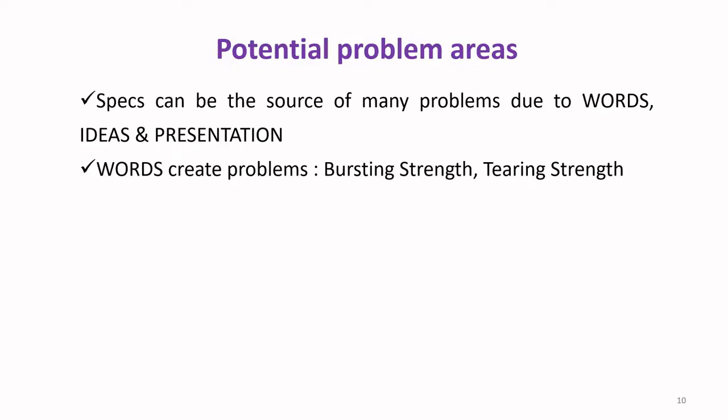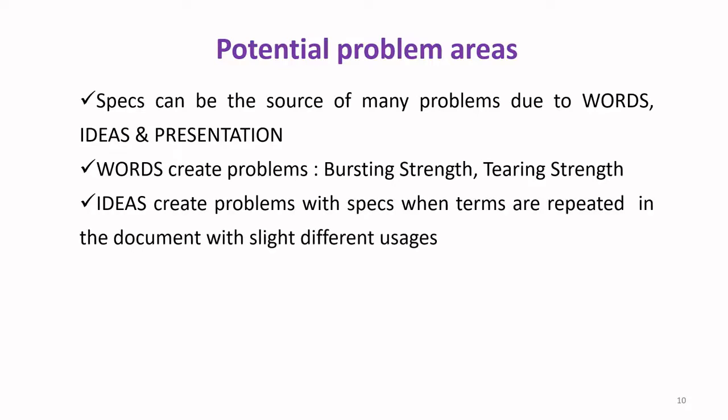Tearing strength is when you are actually tearing it. Bursting strength is when you are pushing a ball through the fabric and the fabric ruptures. But someone who is only using the knowledge of English would think bursting strength or tearing strength mean the same thing.